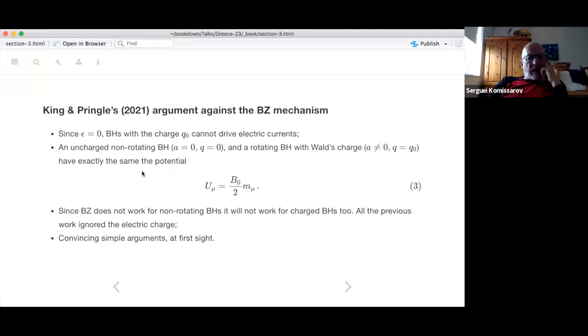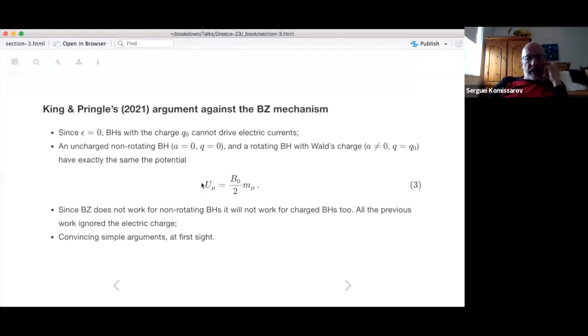And then they have taken a look at the expression for the four-potential in two cases: one case where there is a non-rotating black hole with electric charge 0, and then when there is a rotating black hole, but the electric charge is the Wald electric charge. And in both cases, the potential is given by exactly the same expression.